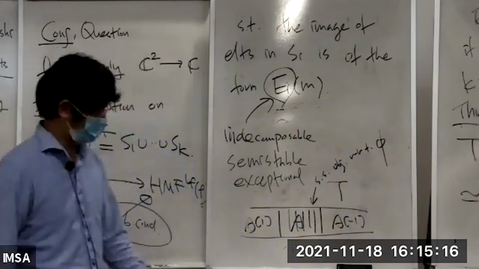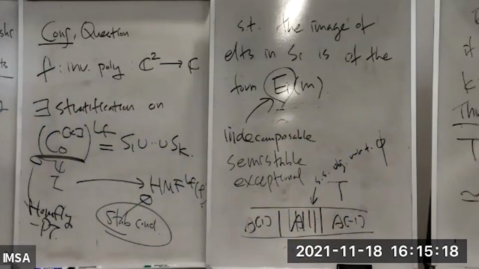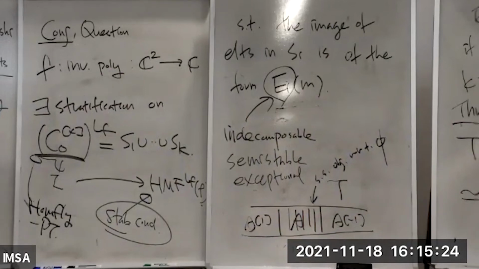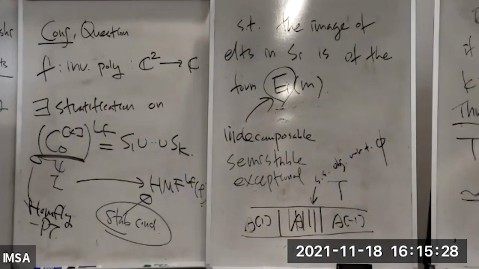So what is the stratum S1? I don't get how you decompose this Hilbert scheme. Indeed, there's a natural decomposition of this Hilbert scheme. But is it coming from the stability condition? That's the question.